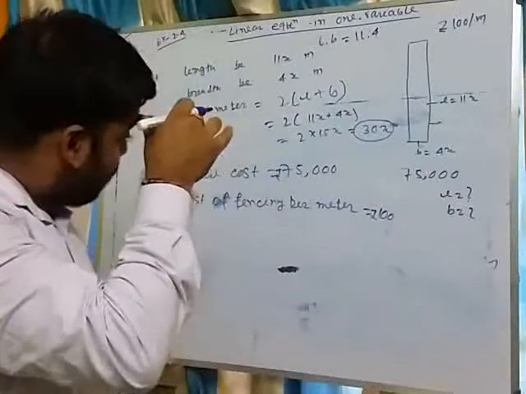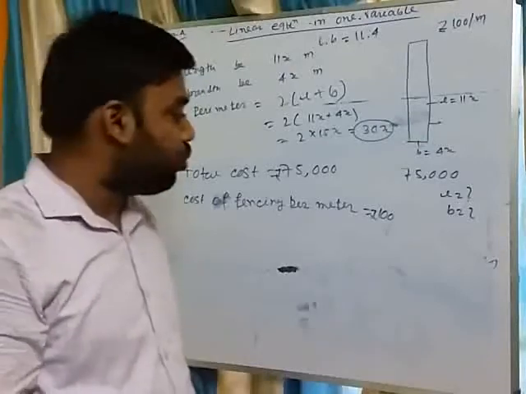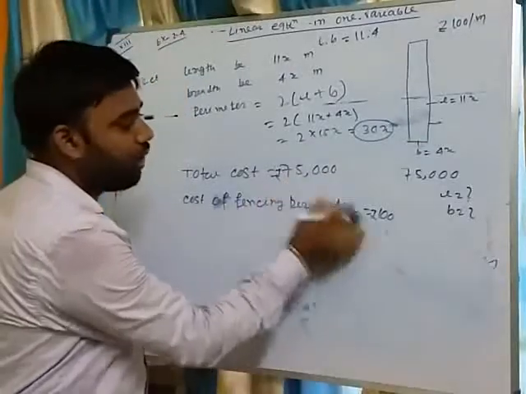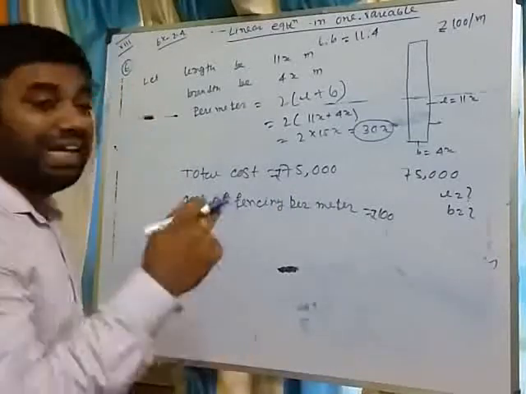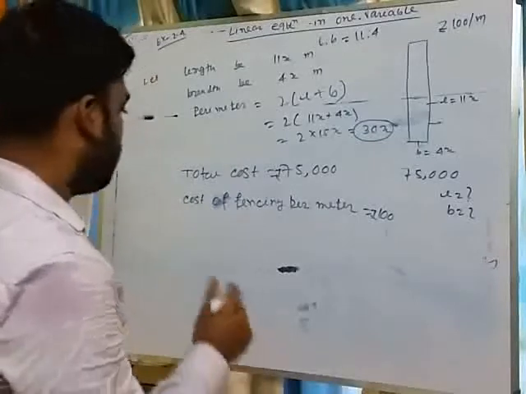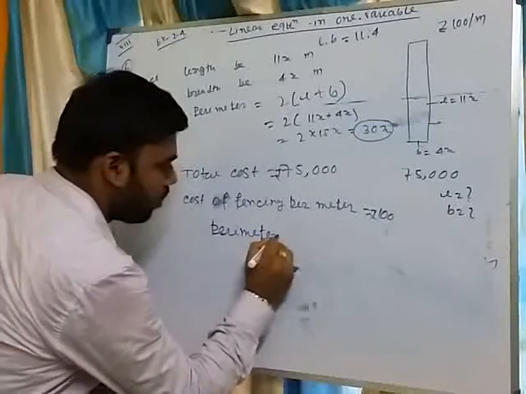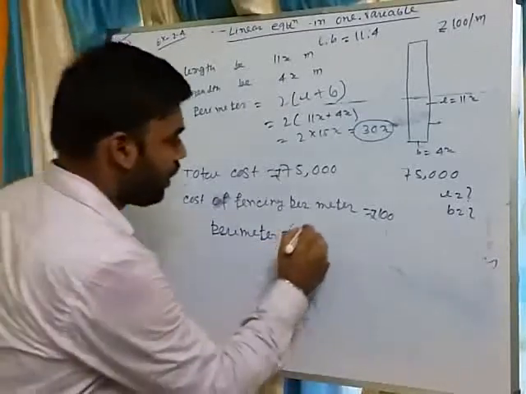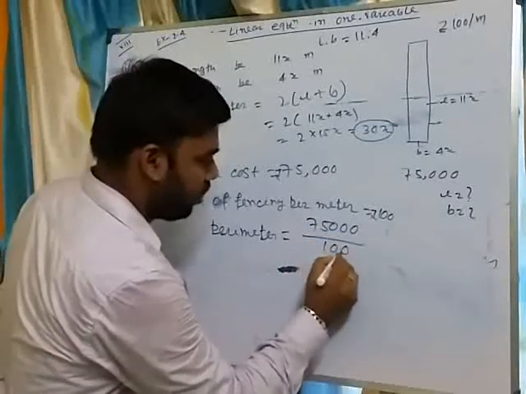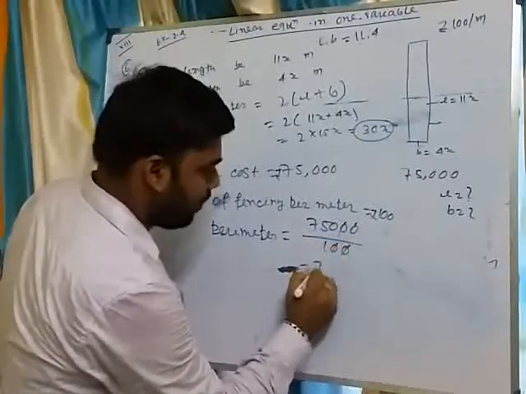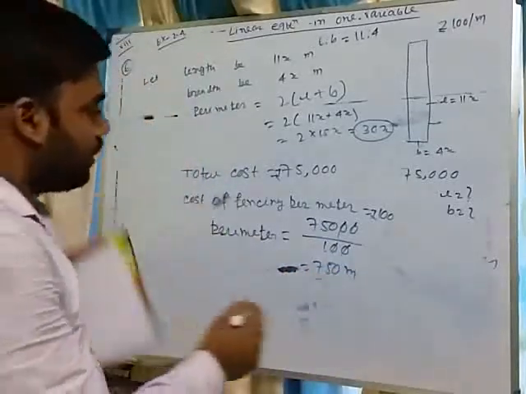If I divide total cost by cost of fencing per meter, we'll get the perimeter, or the length of the boundary. So perimeter equals total cost by cost of fencing per meter, that is 750 meter. That is the perimeter of that rectangular plot.